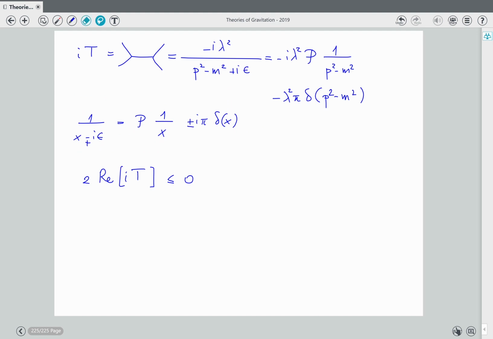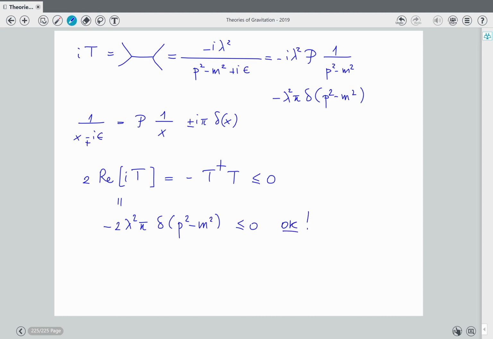Now, the optical theorem tells us that twice the real part must be negative definite, and indeed twice the real part is given by that, which is negative definite. So this twice the real part is the contribution on shell.